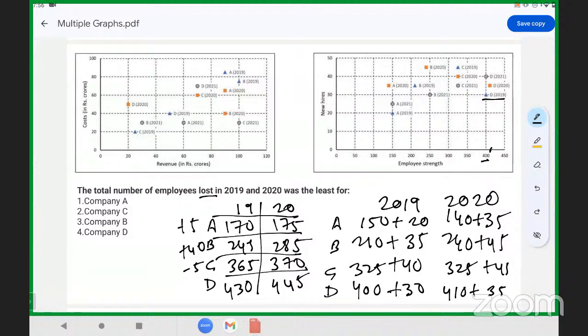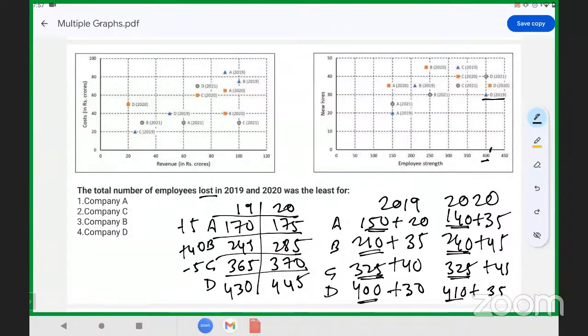So let's go through the data once. So see, we had 150, 140, 210, 240, then 325, 325, 410, 410.